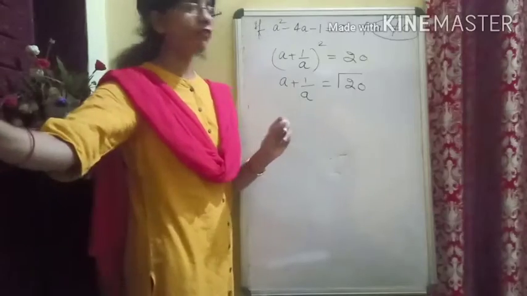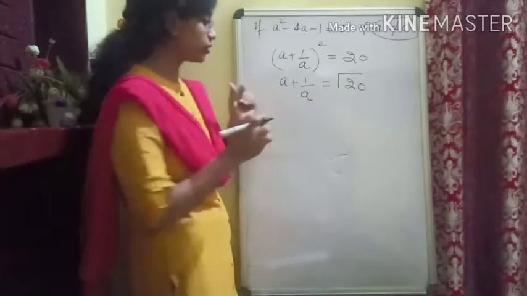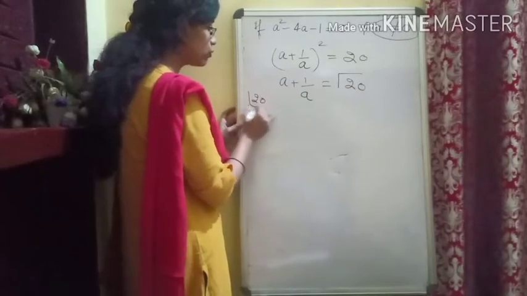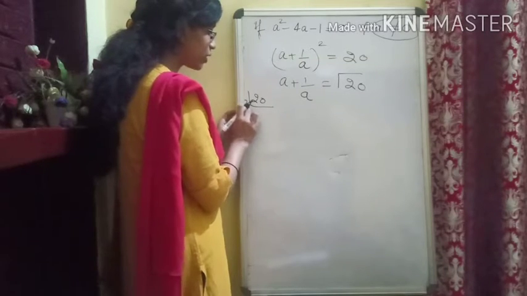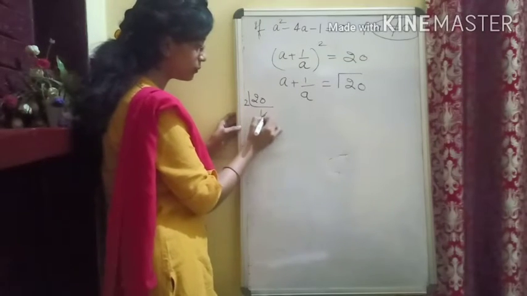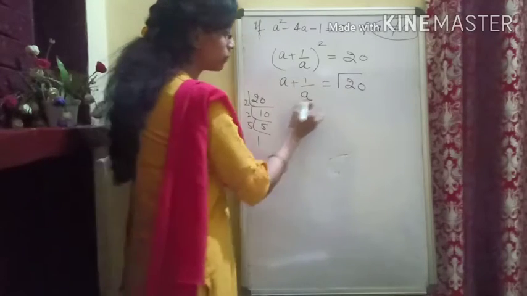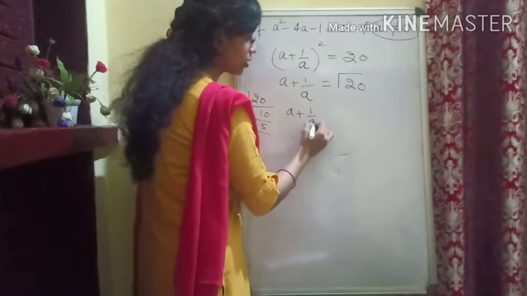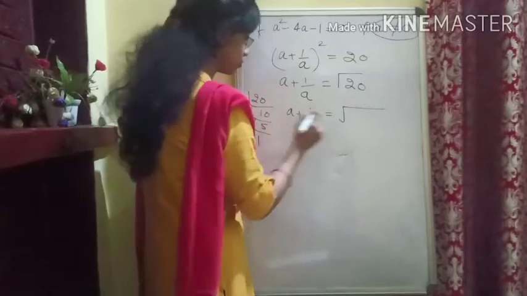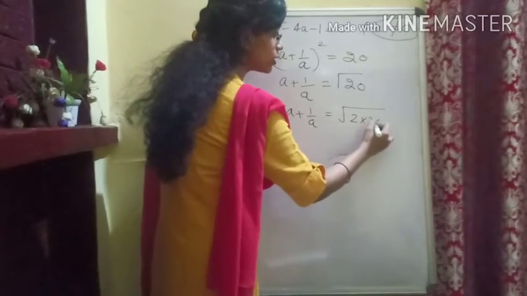We know how to simplify. We will write the prime factors of 20. Prime factors means 10, 2 fives are 10, and 5. So it will be 2 into 2 into 5.